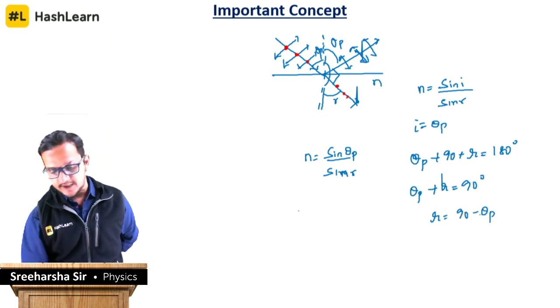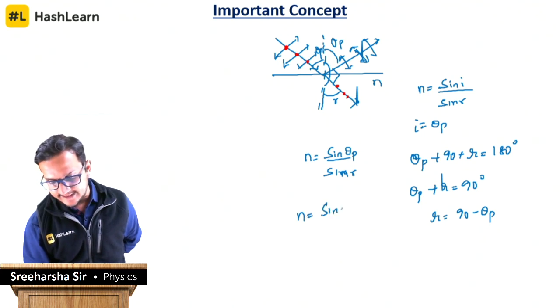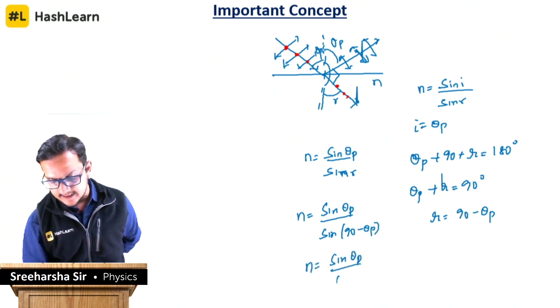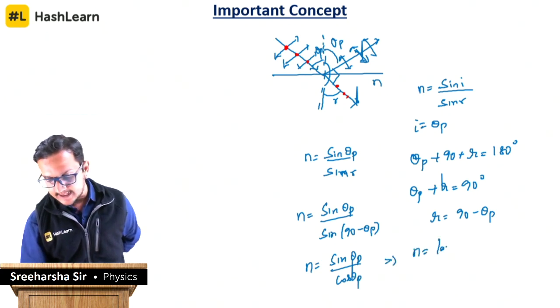On substituting that value, you will have n is equal to sine theta p divided by sine of 90 minus theta p. We know that sine of 90 minus theta is equal to cos theta p, which implies n is equal to tan theta p.